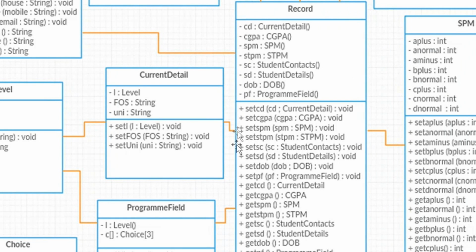Due to its center of attention, like all these yellow lines merge towards it, which means record is the jack of all trades of all these classes. It holds every single one of these classes, and to access it we have to use set and get due to its being private.